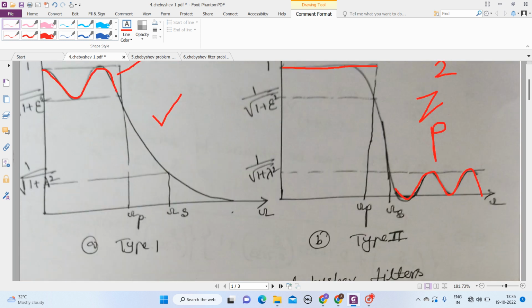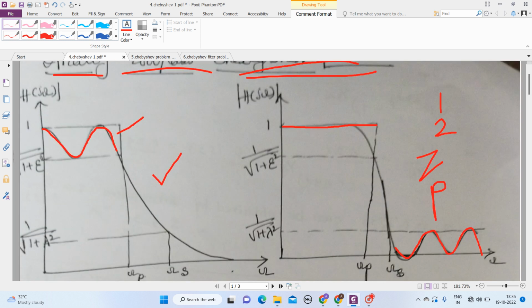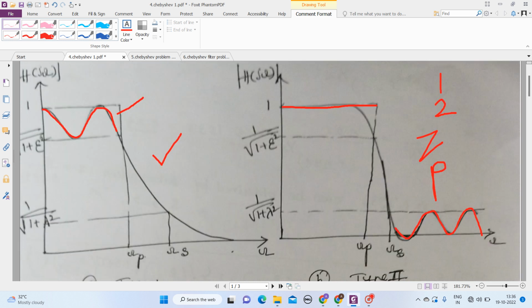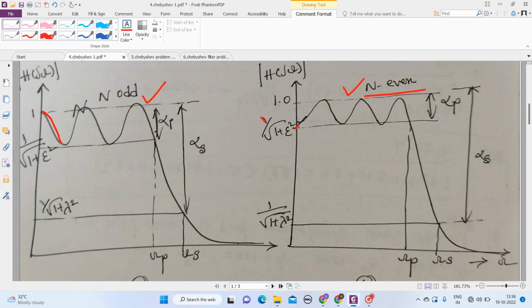I think you know the basic concept of the magnitude response characteristic. I will show you in this. This is the pass band attenuation, alpha p, and this is the stop band attenuation. The pass band extends from 0 to the pass band frequency, represented by omega p.